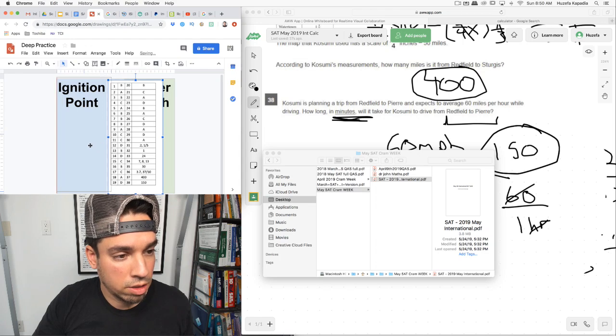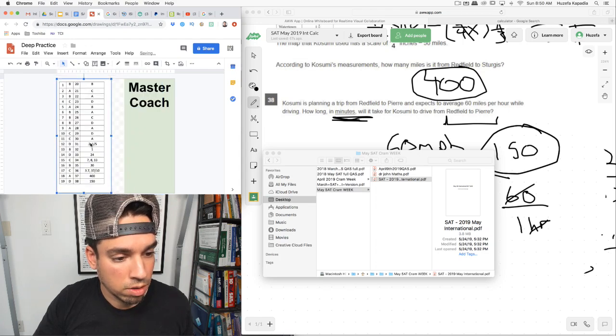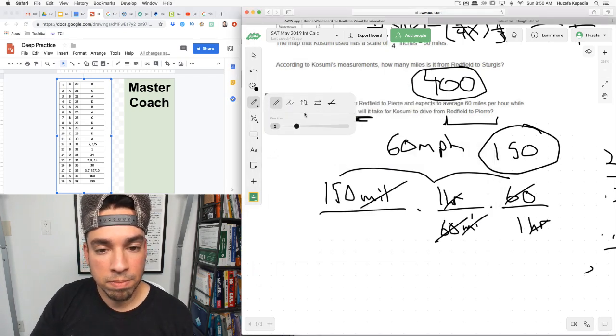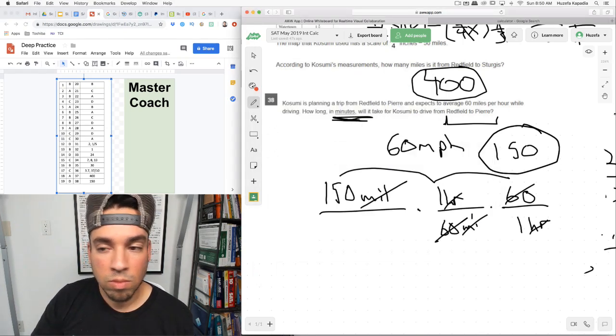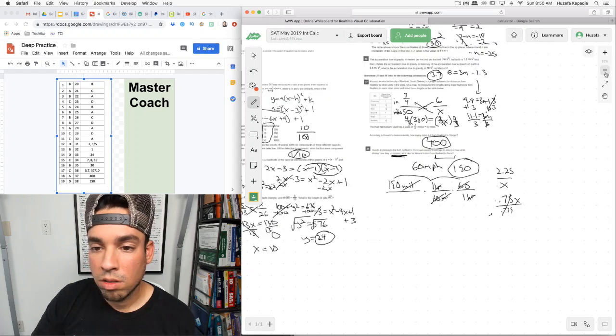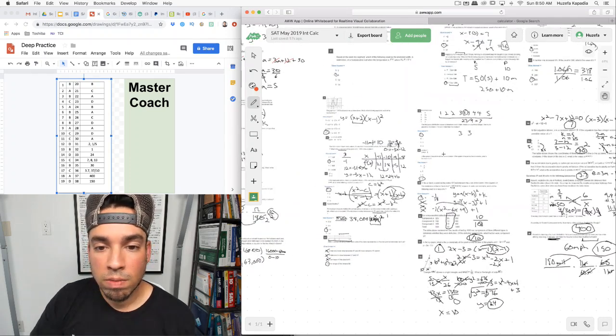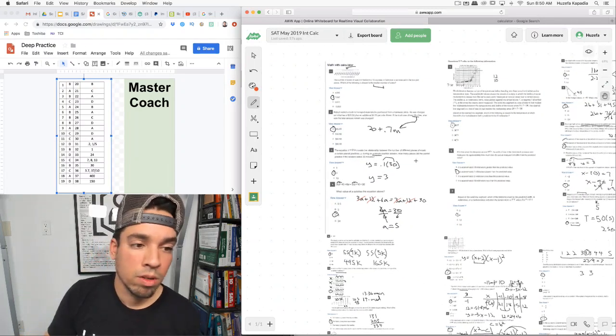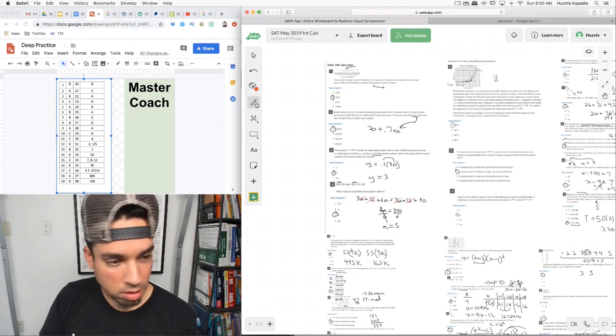We'll block out ignition point, leave master coach up there. Okay, now. Oh, all right, here we go. Let's see what it is.